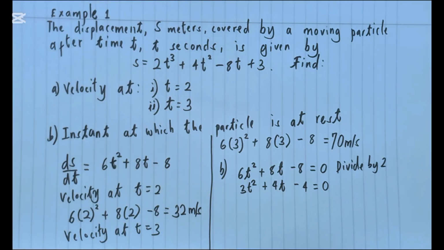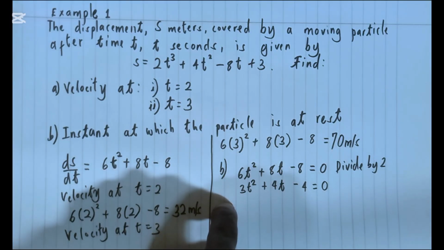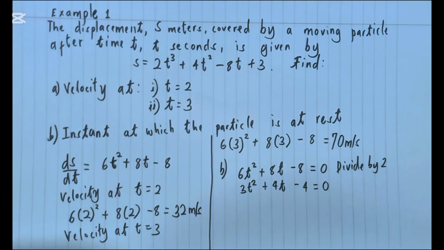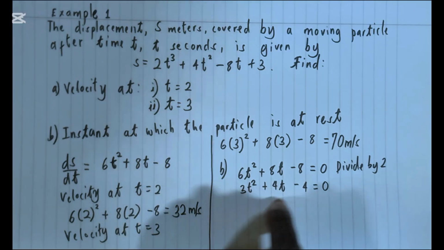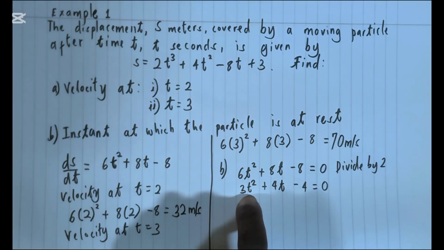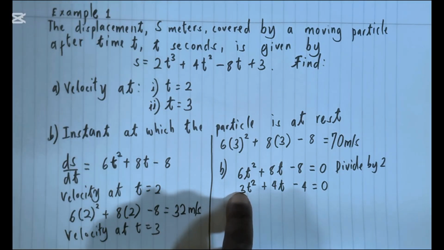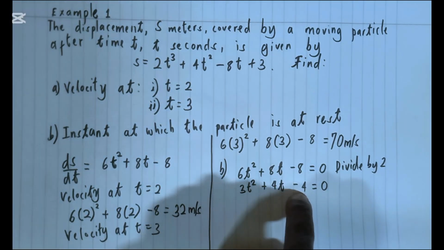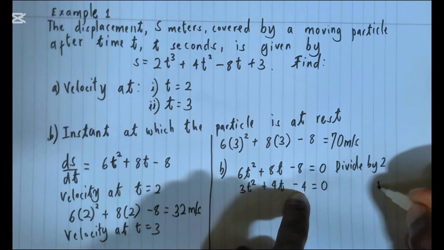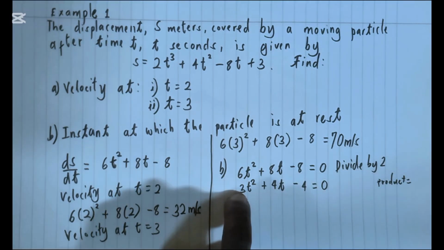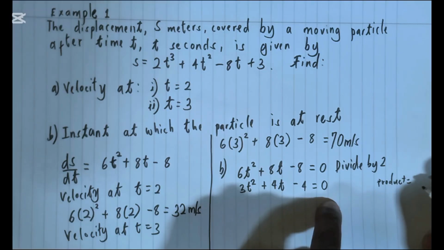Since we're solving using factorization, the product is gotten by multiplying a and c. Our a is 3 and our c is -4, so our product is 3 times -4, which gives us -12.